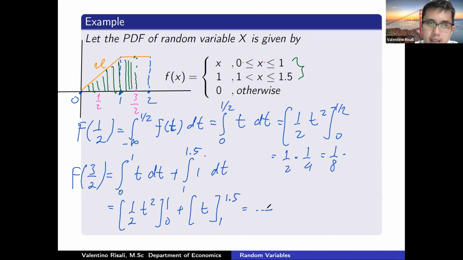This function is different from the previous one because we have two different definitions for two different intervals. So you must be careful if we deal with this function, because it has different definitions based on the interval.